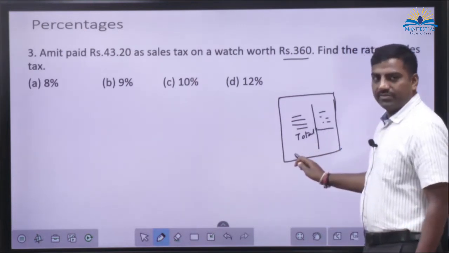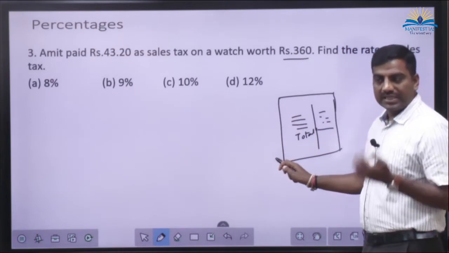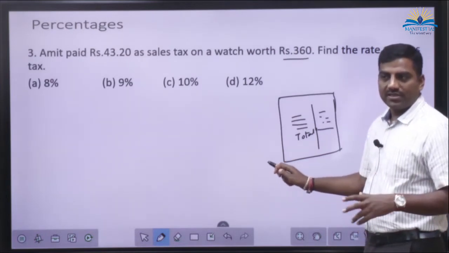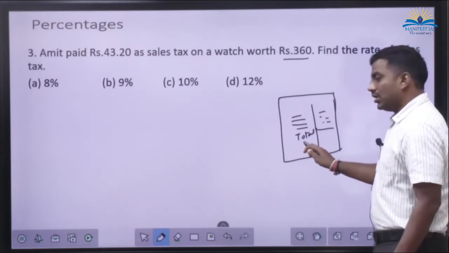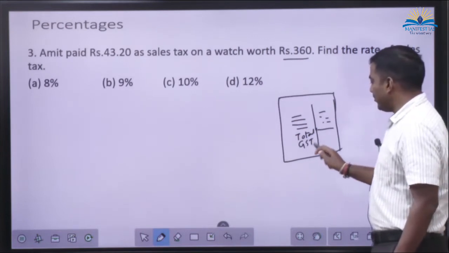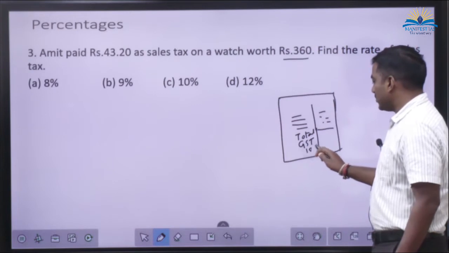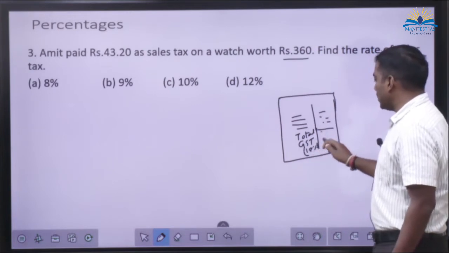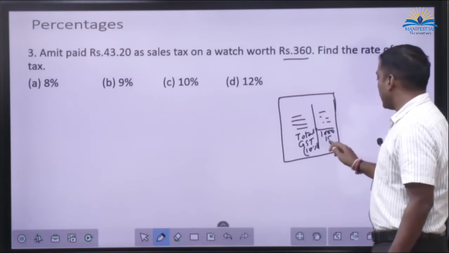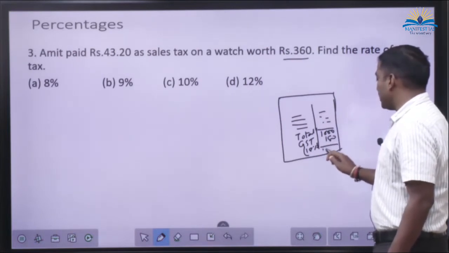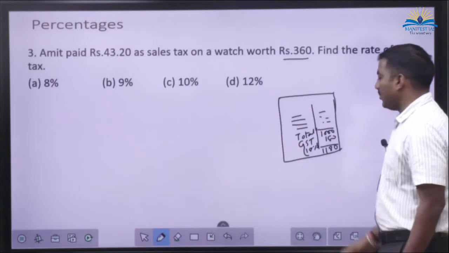Now we have GST. In GST, what all do we have inside? CGST, SGST. So let's say only one GST, let's say 18%. If your bill is 1000, 18% is 180. Your total bill will be 1180. This is how the bill will be given.